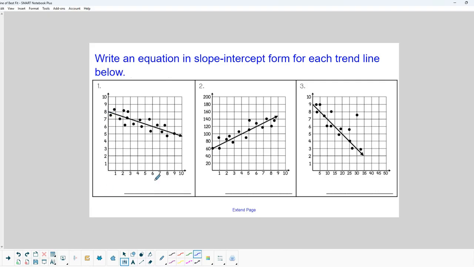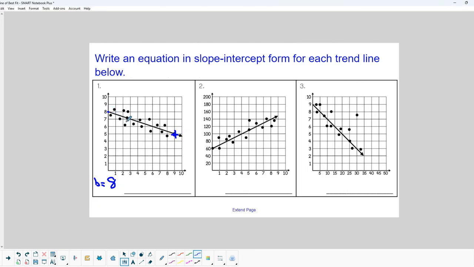So in this case, b equals 8, right there. Now let's use that and another dot somewhere down the line to help us find the slope. Well, I notice right here that we go across a nice intersection. Sometimes we call it a crosshair.